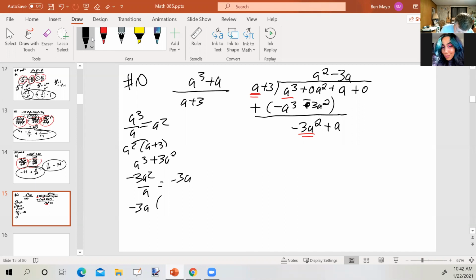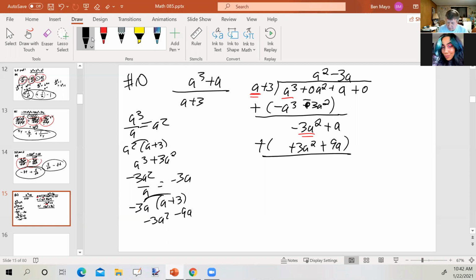Take negative 3a times a plus 3. We get negative 3a squared minus 9a, which we write up here. Again, if I'm going too fast, let me know, I can slow down. I'm going to subtract that quantity from what's up above, change it to addition of the opposite, and add up the columns. Negative 3a squared plus 3a squared is 0a squared. A plus 9a is 10a, and then plus 0.